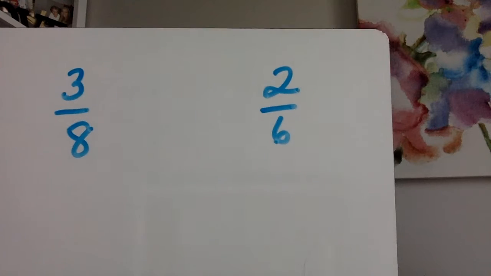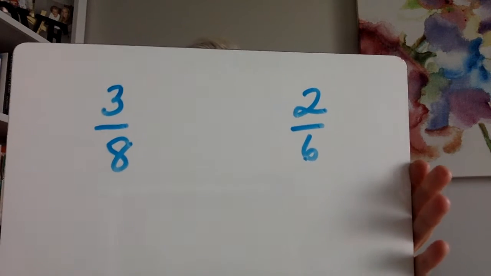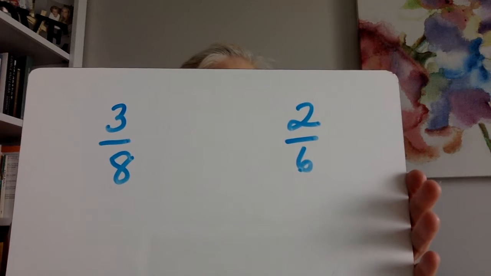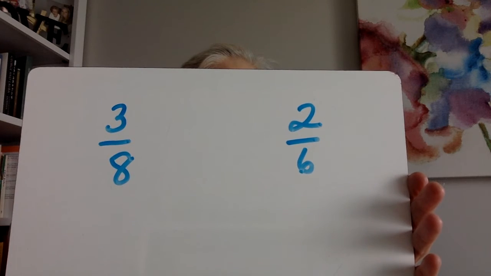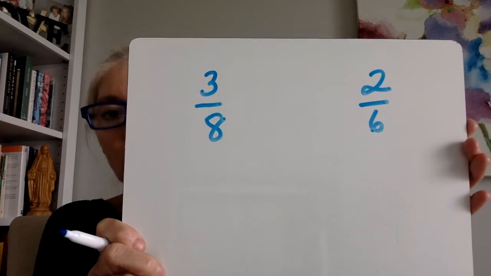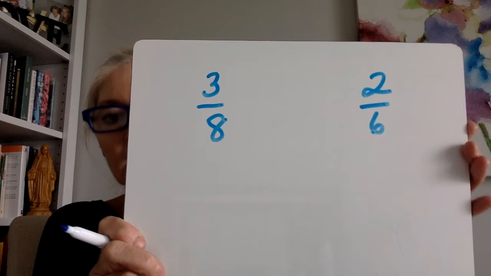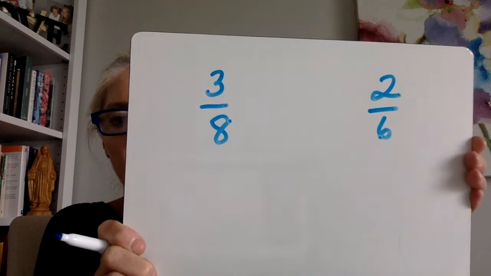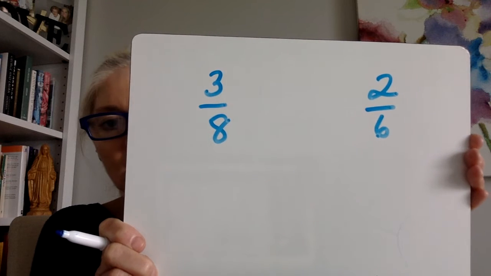Okay, step 1 said, find a number that both denominators will multiply into. 6 and 8 won't fit into each other in any way, but they will both multiply into something. Let's do counting by again, and stop as soon as we hear matches.